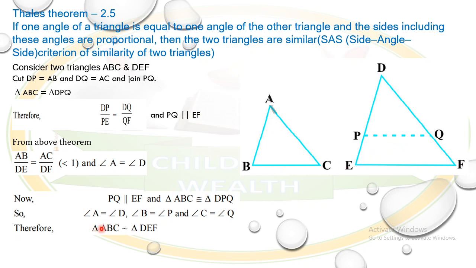Hence we can write angle A is equal to angle D and also angle B is equal to angle P. Also angle C is equal to angle Q. Hence triangle ABC is similar to triangle DEF.